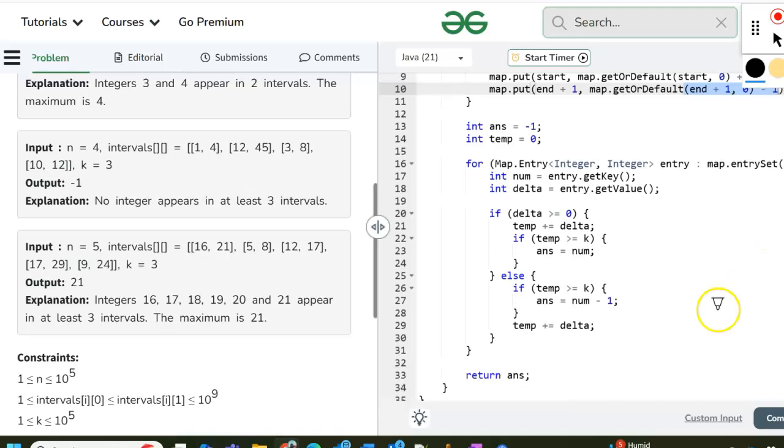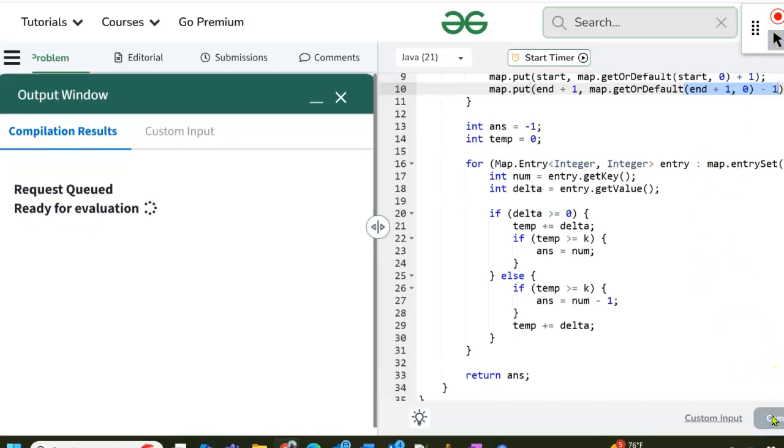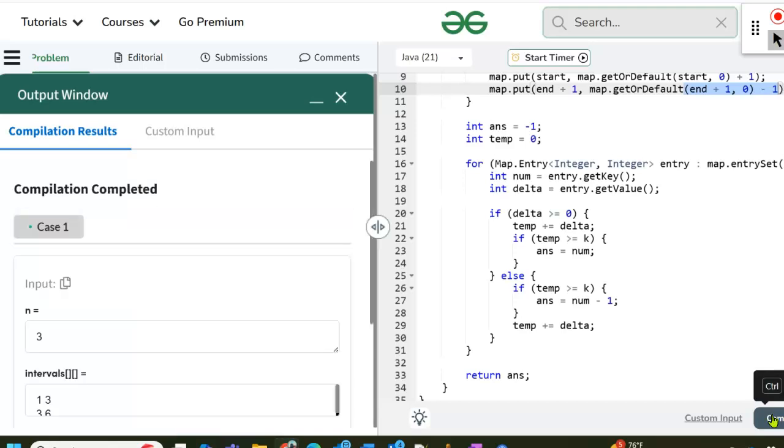Let me do a quick sanity check on this. All right, good.